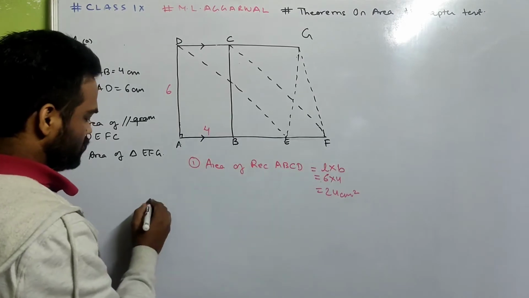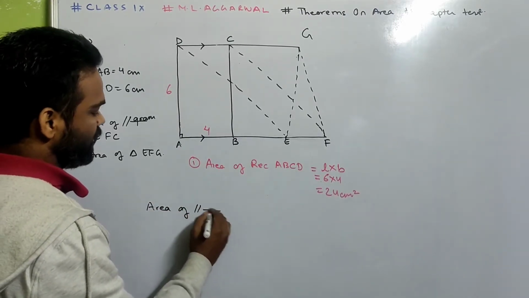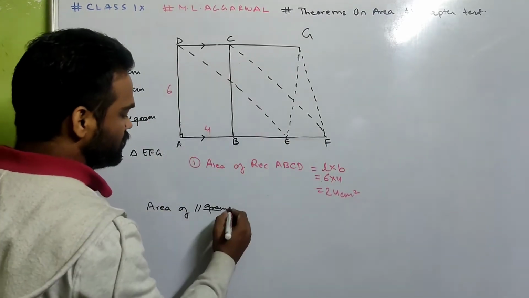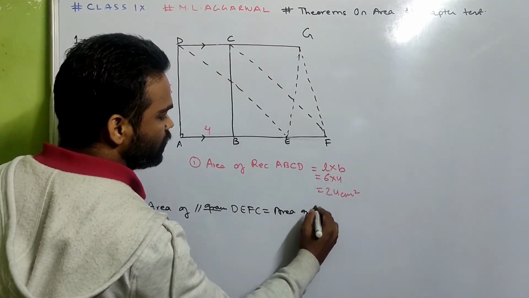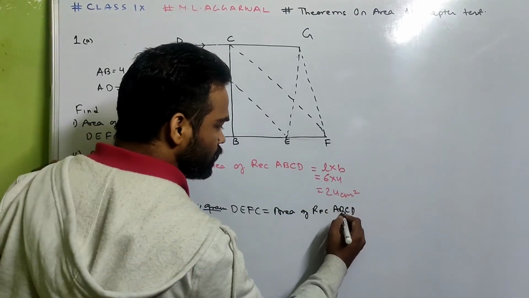Now I can write, area of parallelogram DEFC will be equal to area of rectangle ABCD. Why so?